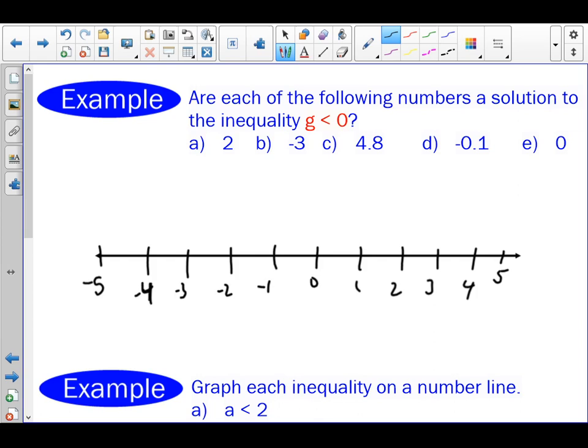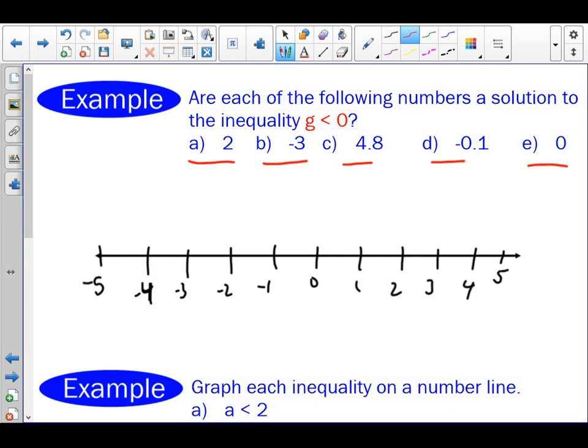In each of these questions, this one, this one, this one, this one, and this one, we have to ask ourselves, do the numbers satisfy this relationship of g is less than 0?